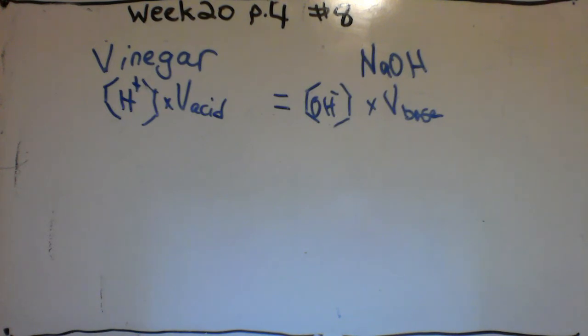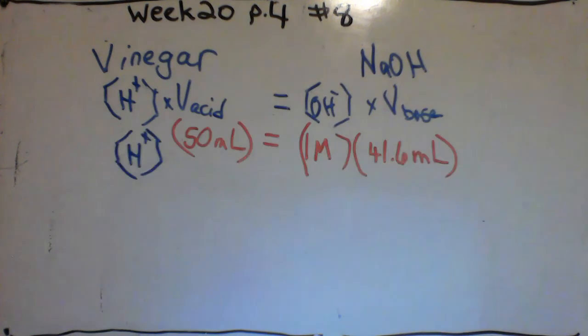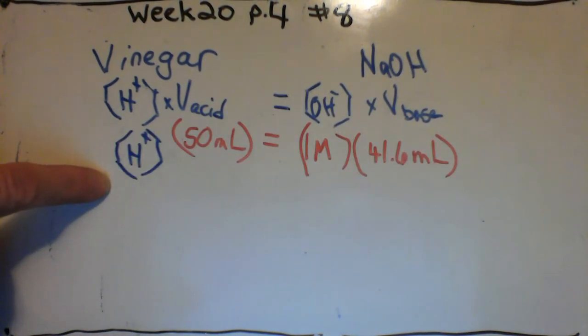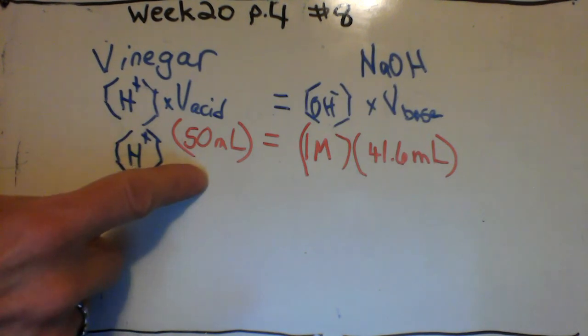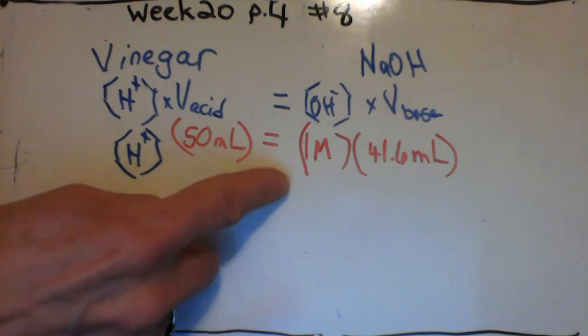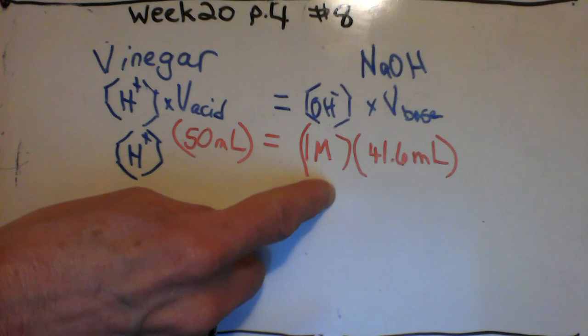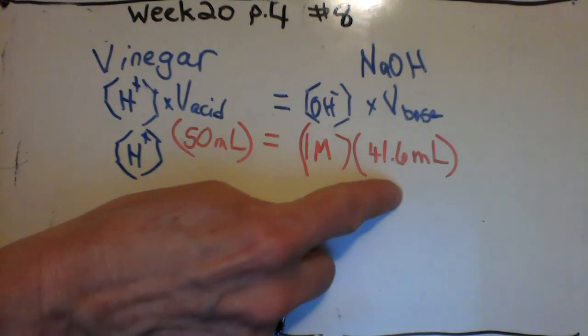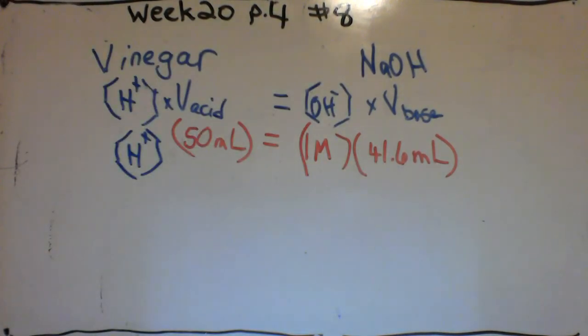Now I'm going to replace whatever I can with numbers. So we have the concentration of the hydrogen ions multiplied by the volume of vinegar equals the molarity of the hydroxide ions multiplied by the volume of the base.